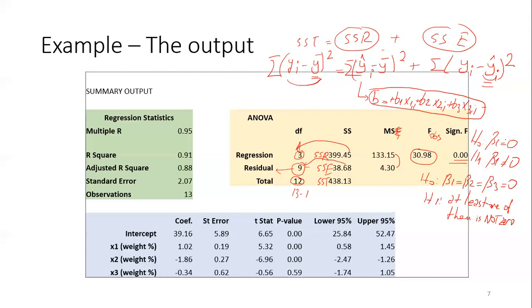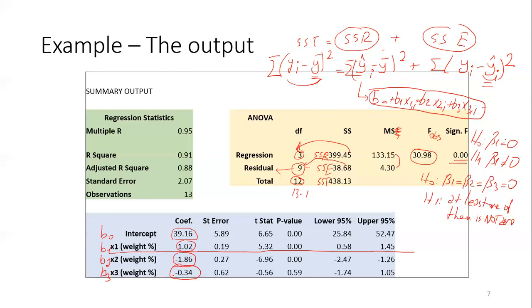And look at the results here, for the table where we have B0, B1, and so on. In the previous case, we only had two lines because we had B0 and B1. But now I have additional variables, B2 and B3, and we have exactly the same thing here. This is the coefficient column: B0 is 39.16, then 1.02, minus 1.86, minus 0.34.